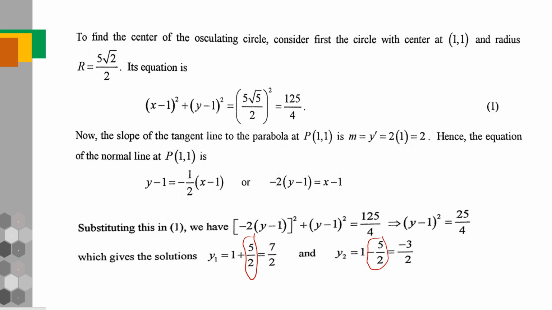After taking the square root, y minus 1 equals plus and minus 5 over 2. We transfer the 1, so it becomes positive 1.